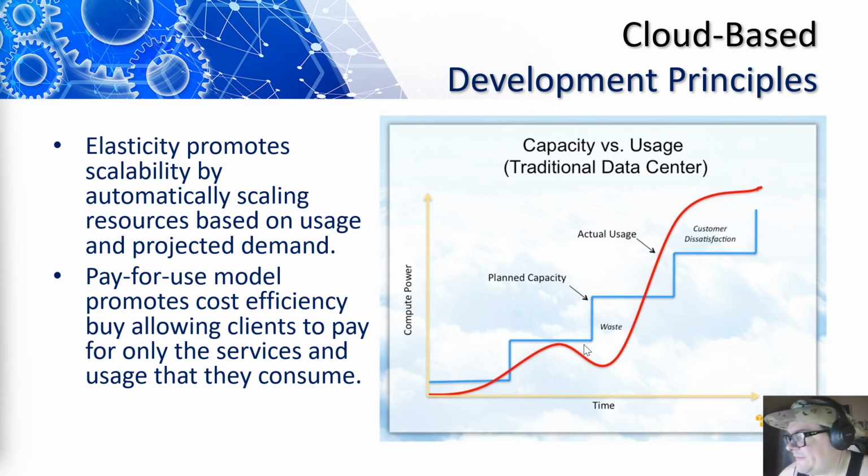So if we look at this graph, you might plan to be here and you're well ahead of your usage, but if usage increases past your planning, as it does at this index here, you really have to be able to adapt and to scale more quickly, and this very efficiently and effectively allows for that.